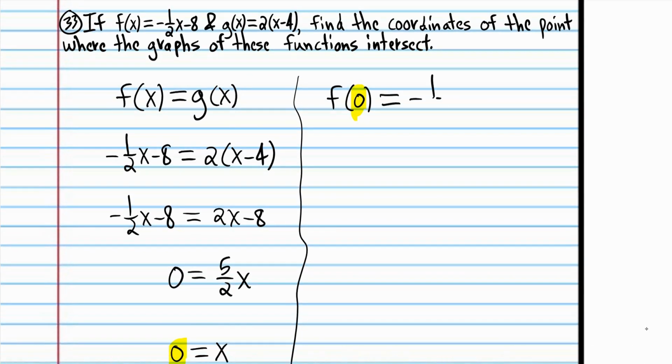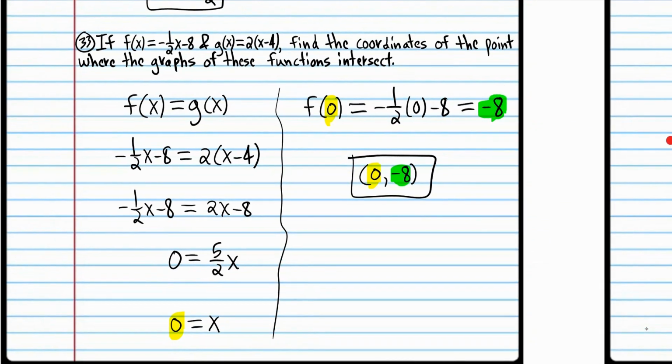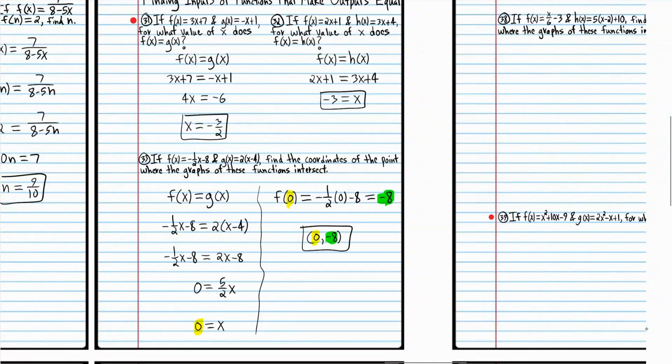So we have negative 1/2 times 0 minus 8 is equal to negative 8. So now the point of intersection is 0, negative 8. And that is the answer. So the point on the graphs where these two functions intersect is 0, negative 8.